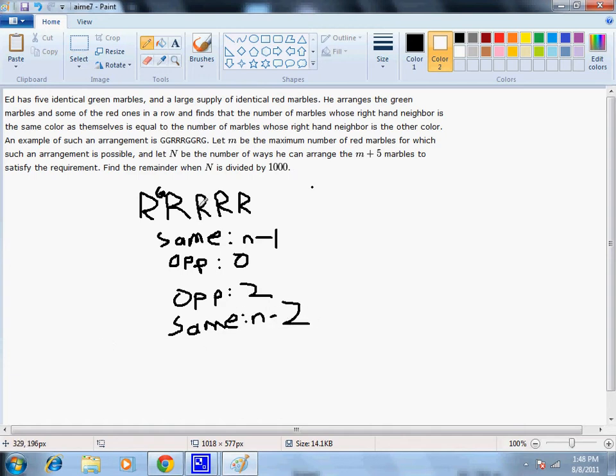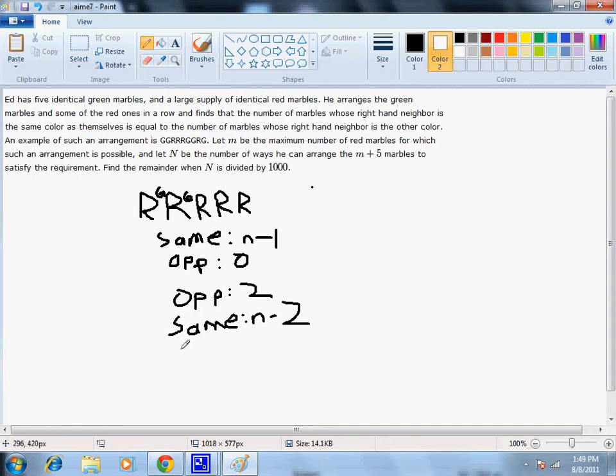And so every time you add a green marble between 2 red marbles, the number of marbles whose right-hand neighbor is the opposite color increases by 2, for the green marble just added and the red marble to the left of it. And then the number of marbles whose right-hand neighbor is the same color decreases by 1, and that 1 is, of course, the red marble to the left of the green marble just added.